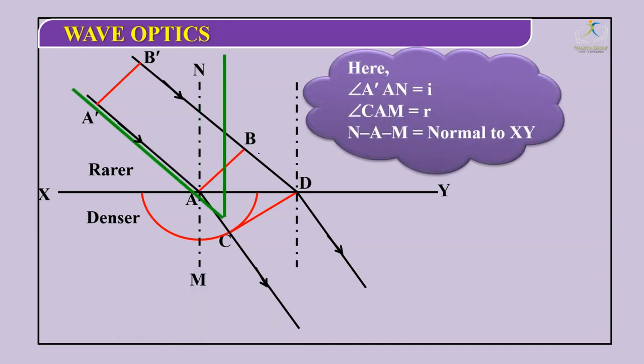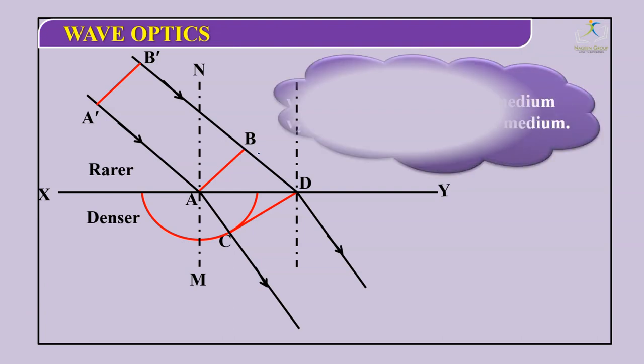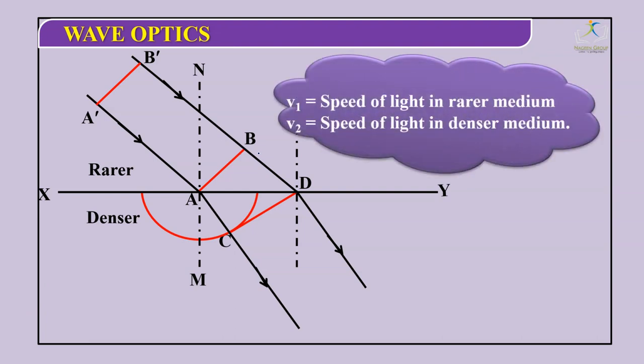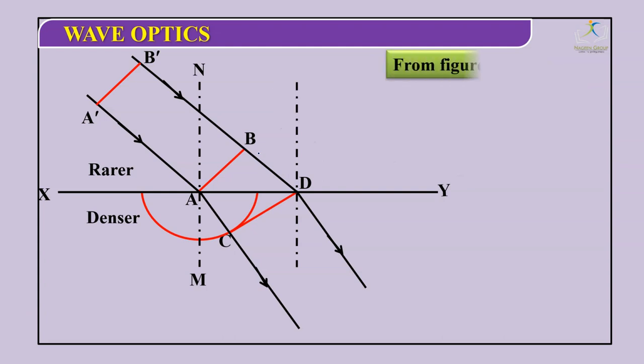Now here, angle A'AN is equal to I, angle CAM is equal to R, and NAM is normal to the XY ray. V1 is equal to the speed of light in the rare medium. V2 is equal to the speed of light in the denser medium.